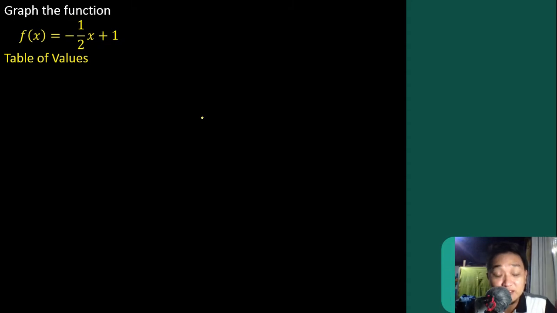Now, let us try one more example. Let's say the function, or f of x, or the function of x, is equivalent to negative 1 half x plus 1. Paalala ko lang po dun sa mga naaasiwang gumamit ng f of x, pwede naman kayo gumamit ng y. Anyway, y is just equivalent to f of x.